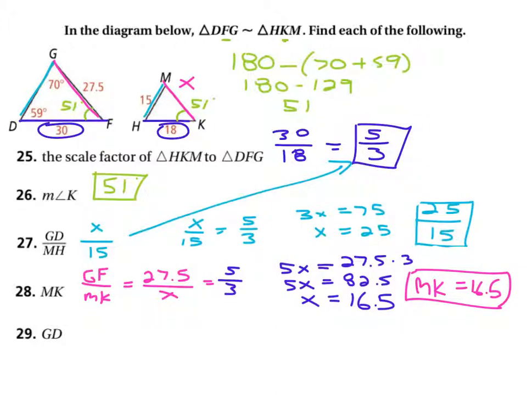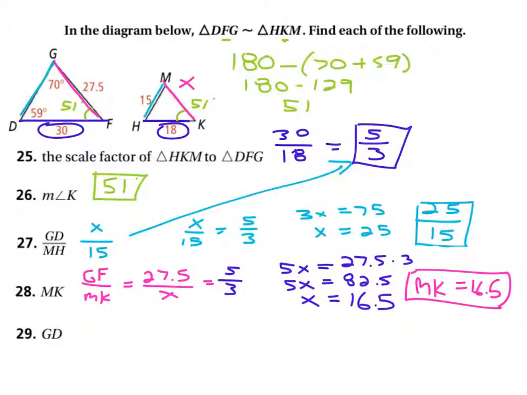Finally, GD. What does GD measure? Well, GD, we already figured that out in order to write that scale factor. And actually, I'm not really sure whether they wanted us to write it as the proper original numbers, GD over MH is 25 over 15, or whether they wanted us to write it as a scale factor.